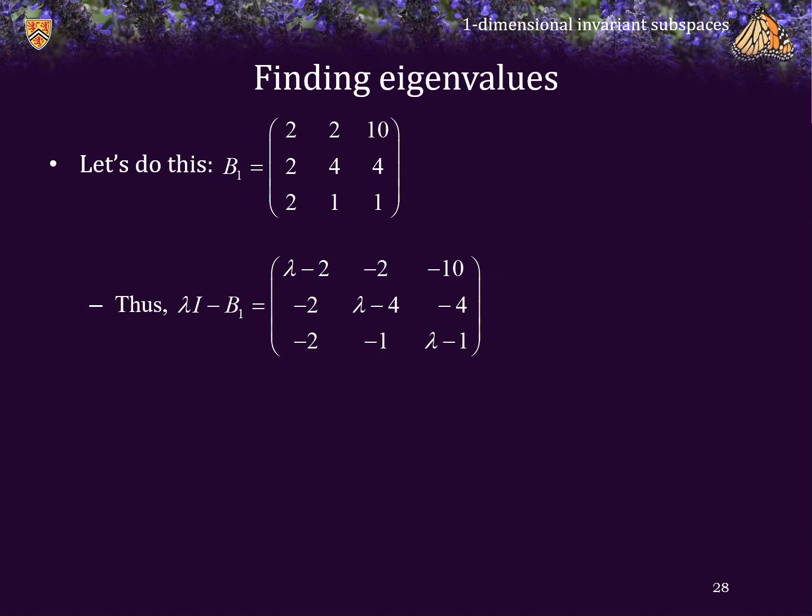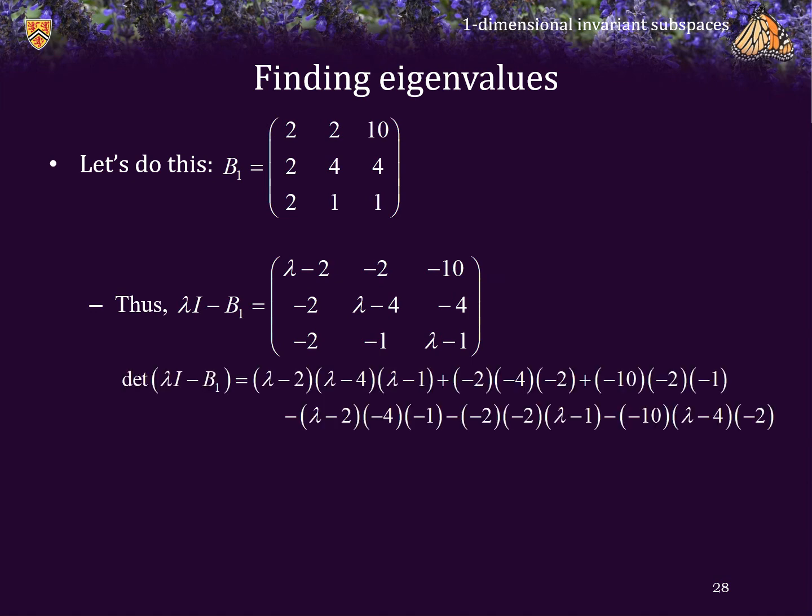Consequently, the determinant of this matrix can be written as follows. Now, please remember, this trick does not work for 4 by 4 matrices. It does not generalize. However, given this matrix here, we can expand out the various terms and then collect.